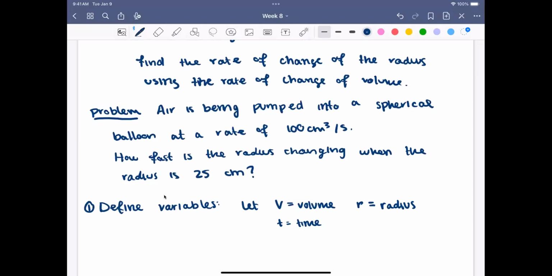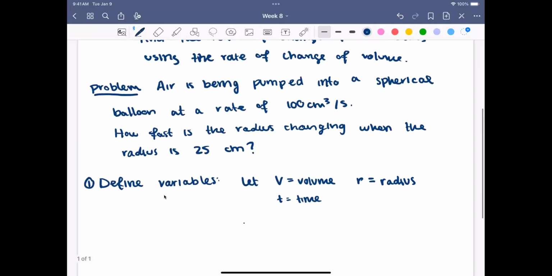So we are given dV/dt, and what we want is to know the rate of change of the radius. So we want dr/dt. Okay, is this making sense so far?